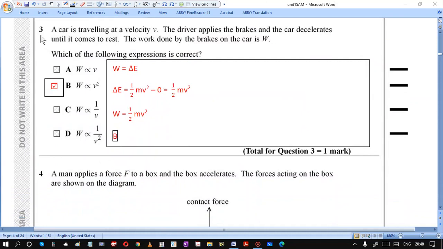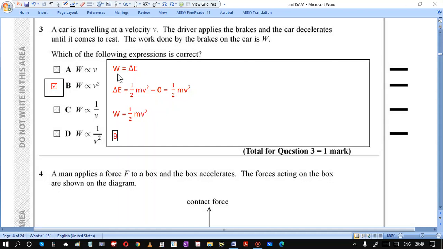Question 3. A car is traveling at a velocity v. The driver applies the brakes and the car decelerates until it comes to rest. The work done by the brakes on the car is W. Which of the following expressions is correct? Here we have proportionality of work to velocity.